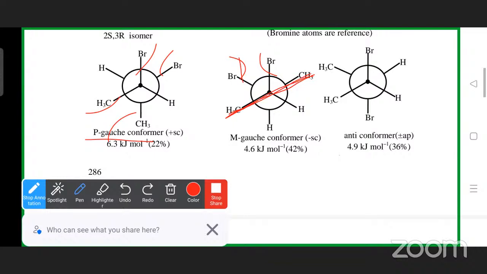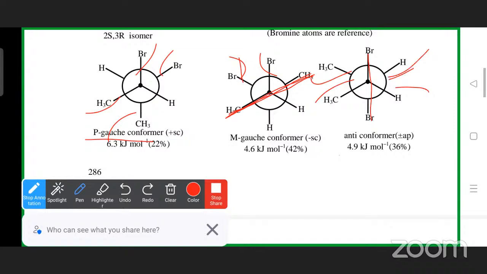And in the anti-conformer, here the bromines are in the opposite direction. So here you see the methyl gauche interactions are present, and here the hydrogen gauche interactions are there.